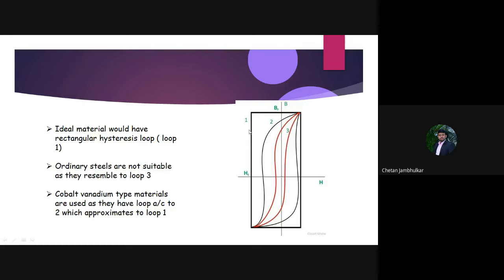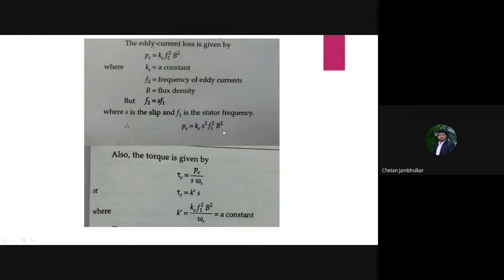Ordinary steel is not suitable for loop 3, they are suitable in loop 2 itself, and the cobalt vanadium type of material have a loop approximately loop 1. So various types of material are used to have various hysteresis loops.